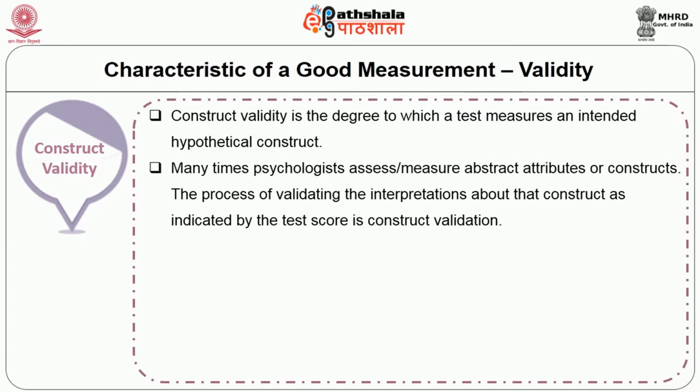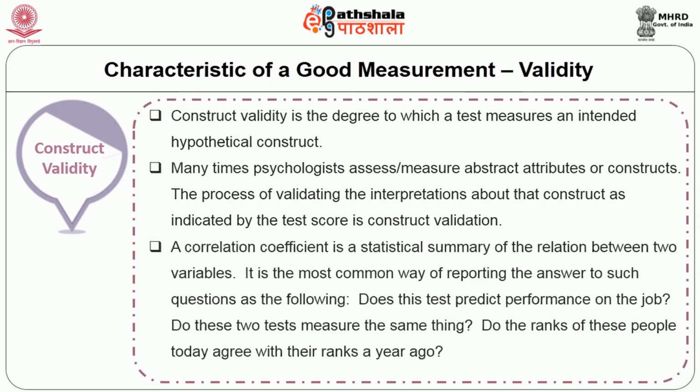This can be done experimentally. Example: if we want to validate a measure of anxiety, we have a hypothesis that anxiety increases when subjects are under the threat of an electric shock. Then the threat of an electric shock should increase anxiety scores. Note, not all construct validation is this dramatic.